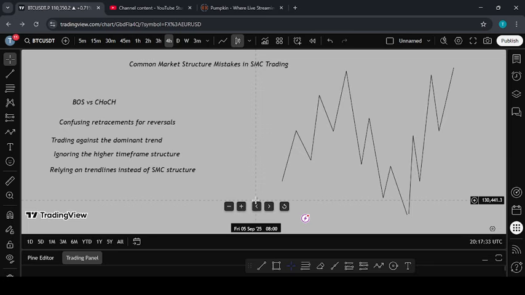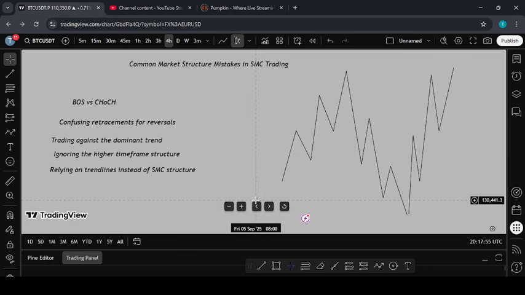Now, when I'm talking about external structure and internal structure, you would see a lot of breaks of structure and a lot of change of character. That's why we can differentiate change of character from market structure shift. Market structure shift might be a shift on a higher time frame, a shift on the main structure.